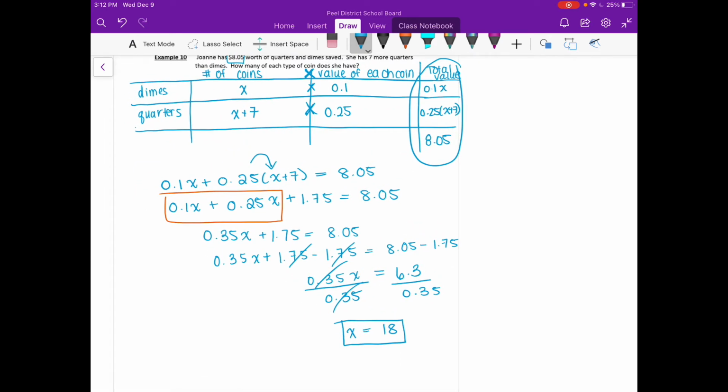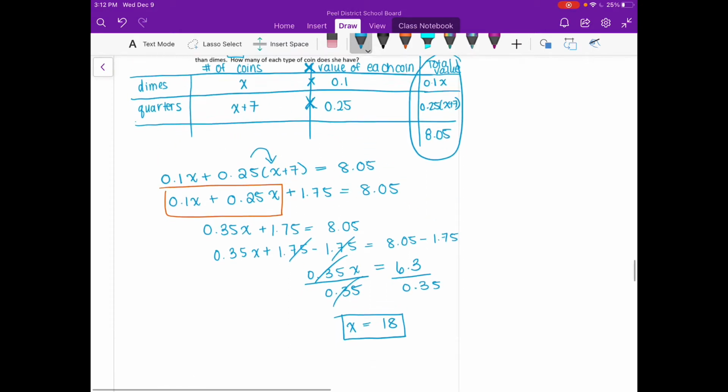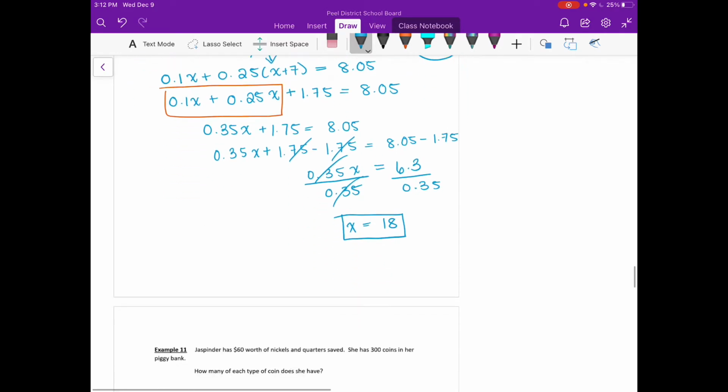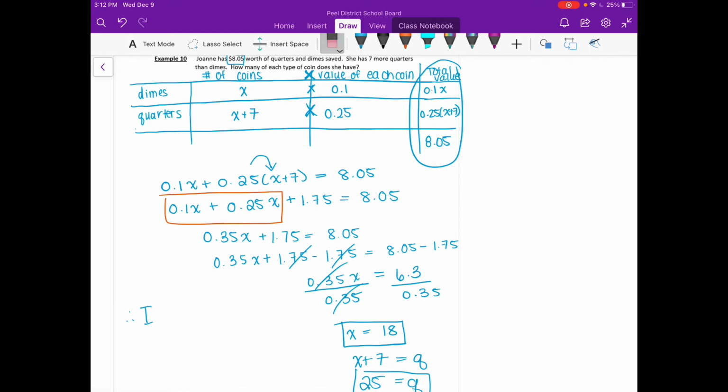What did x represent? It represented the number of dimes that I had. So if I want to find how many quarters I have, I know quarters is x plus 7. So I'm going to do x plus 7 equals my number of quarters. 18 plus 7 is just 25. So 25 equals the number of quarters, right? So I'm going to say, therefore, I, or whoever this person was, Joanne, right?